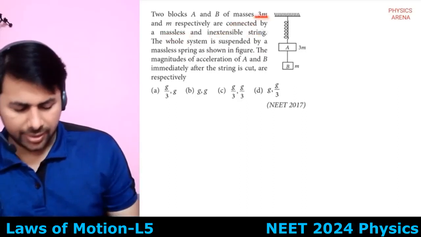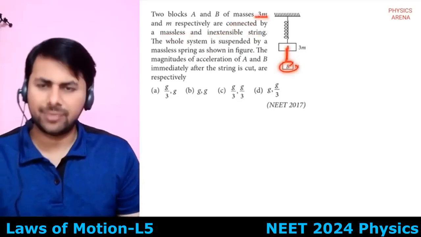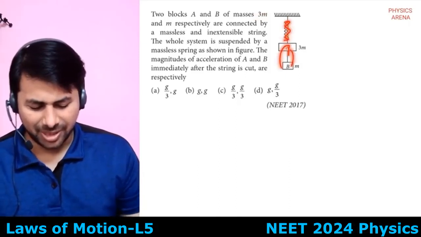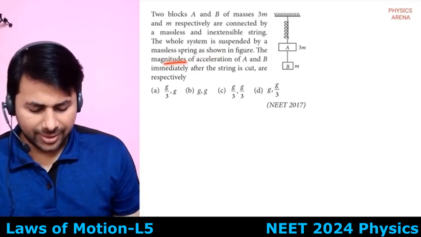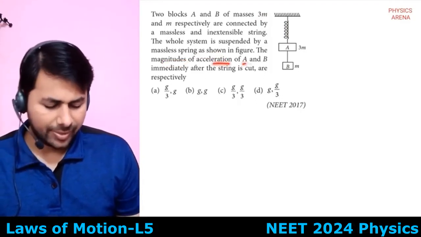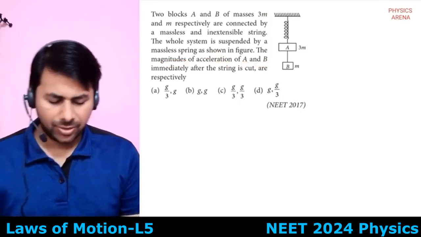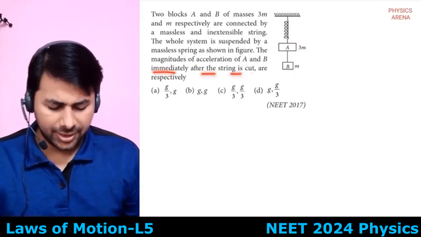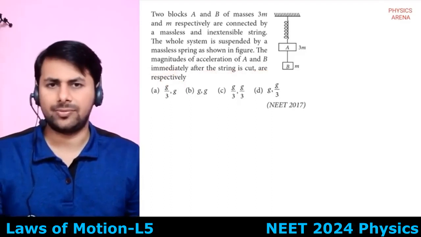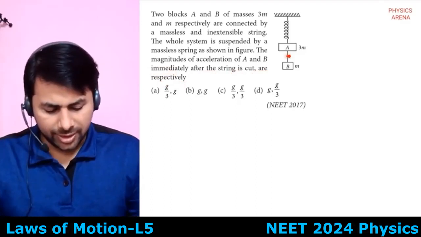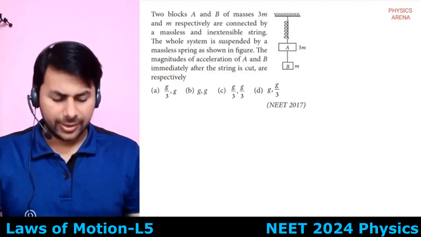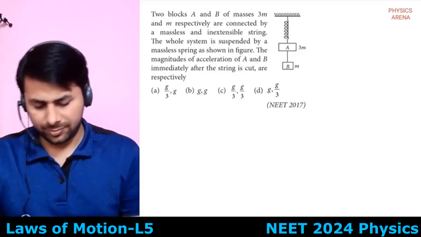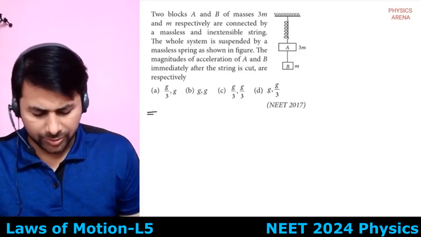They are saying 3m and m, connected by a string. And this whole system is connected by a massless spring. The magnitude of acceleration of A and B immediately after the string is cut are respectively. So you cut the string, then what would be the acceleration of A and B? This is the question. So tell me, what should we do?